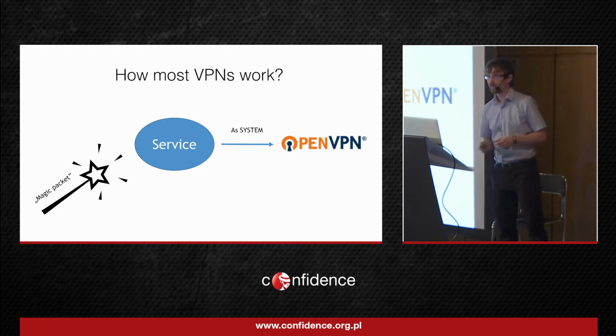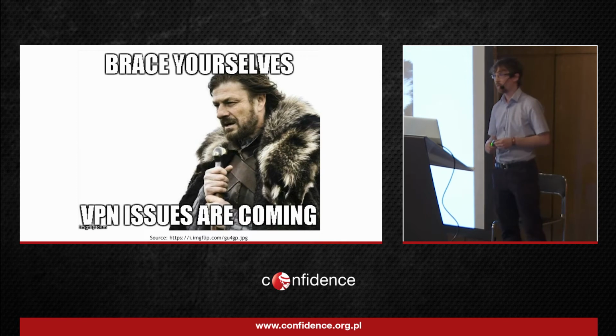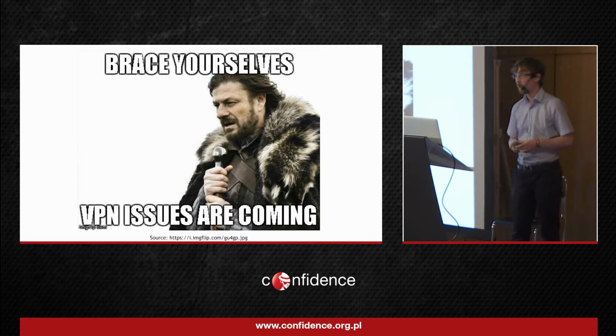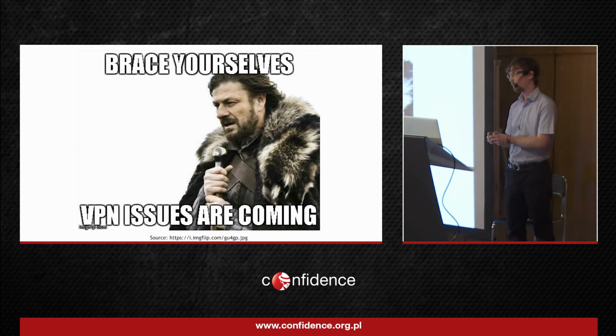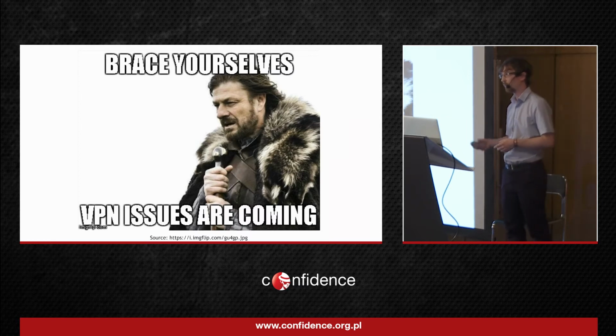And the answer is simple, because creating your own VPN server is not an easy solution. So we have something which is executing some third-party binary as system. So maybe I can encourage those services to execute my own binary as system. And that's the idea which I tried on different VPN software.